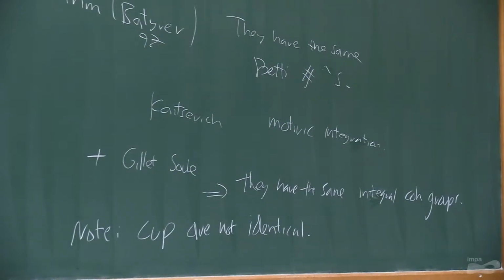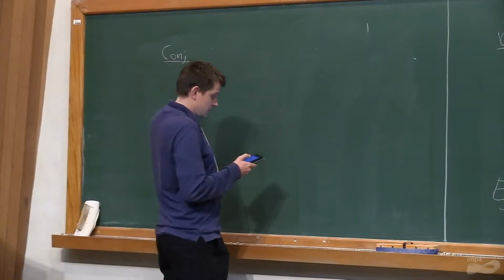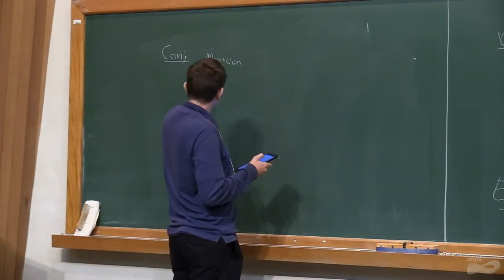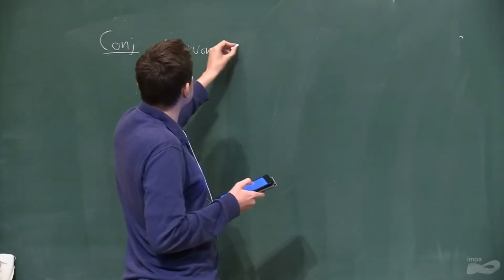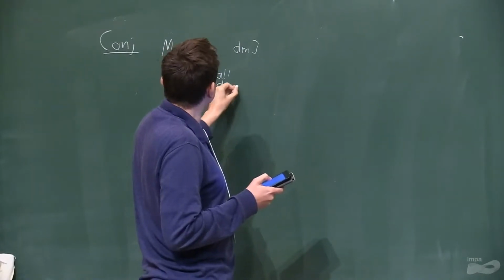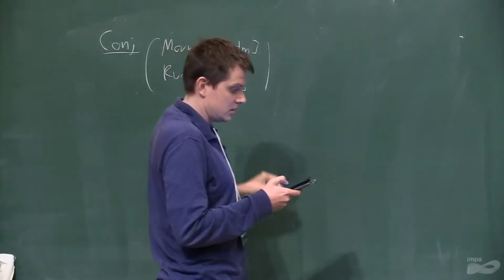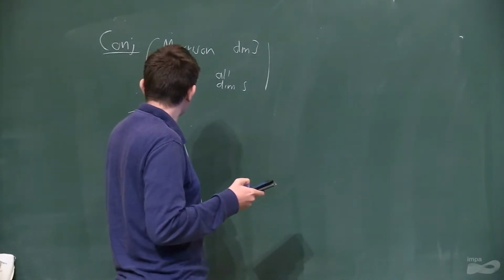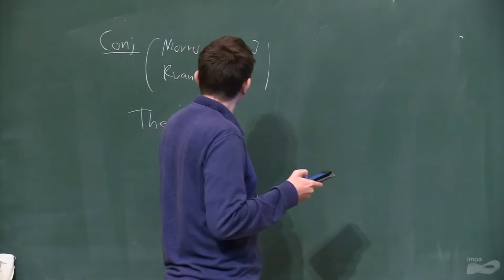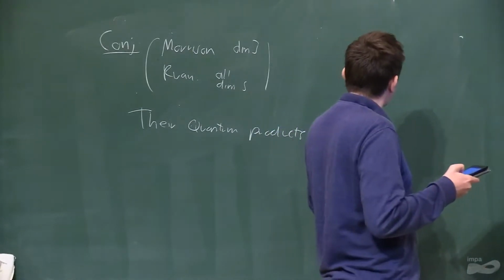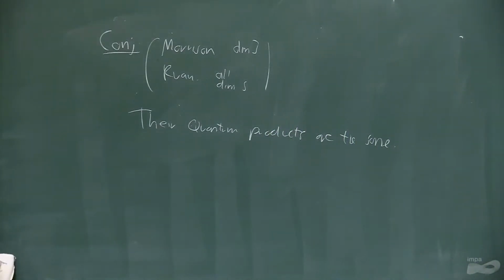However, there's this sort of conjecture by Morrison and also by Ruan. So Morrison conjectured this in dimension 3, and Ruan did all dimensions. And the conjecture is that their quantum products are the same. At least when Ruan conjectured it, he meant the big quantum product.